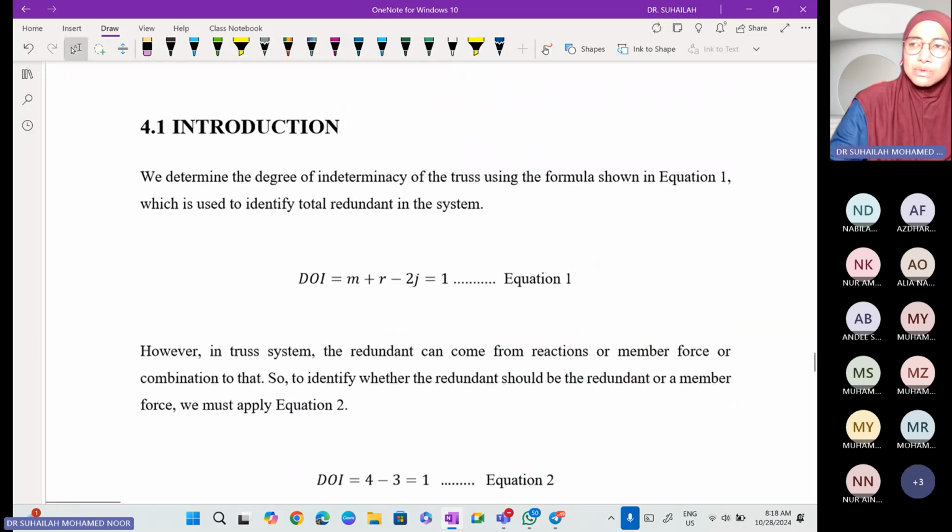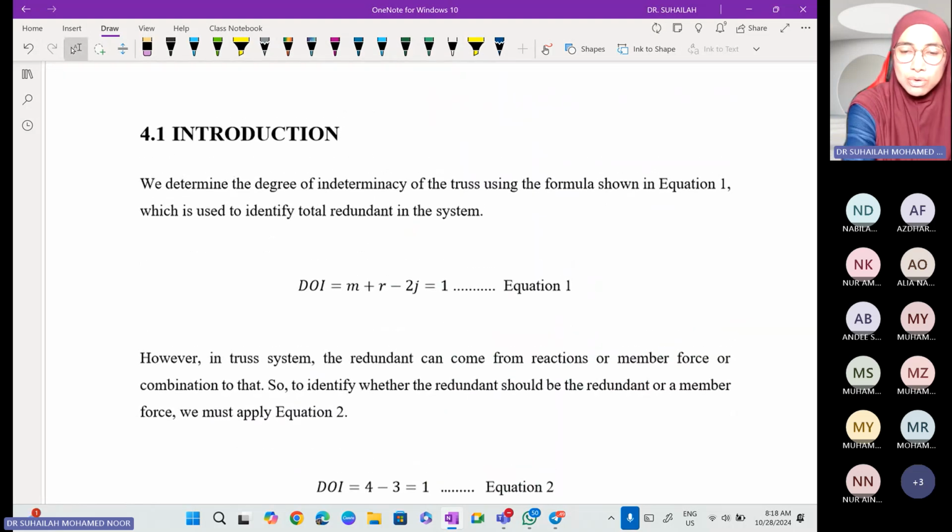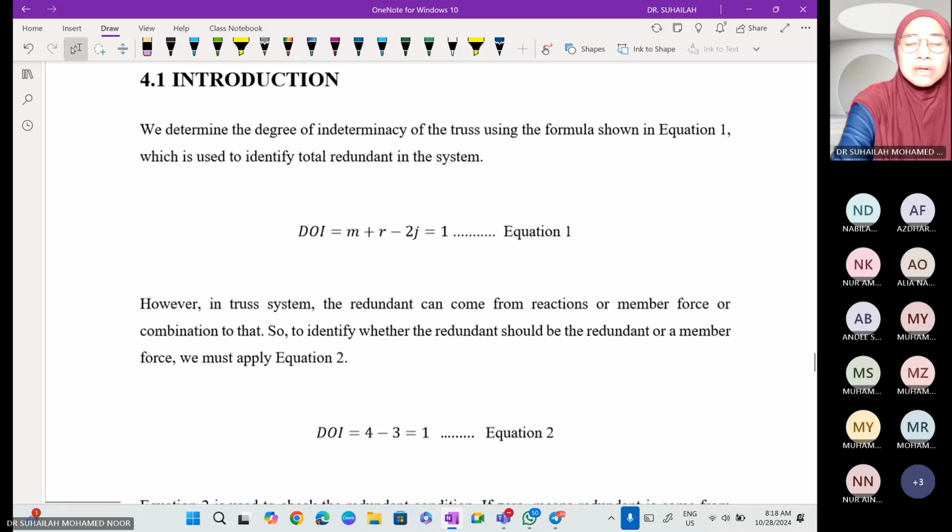For those who do not yet have this book, you can refer to this OneNote class notebook. And for DOI, as you have learned in the previous semester, for a truss, for the degree of indeterminacy, we have to use m plus r minus 2j to determine the indeterminacy, whether it is 2 or 1, depending on this formula. m for members, r for reactions, j for joints.